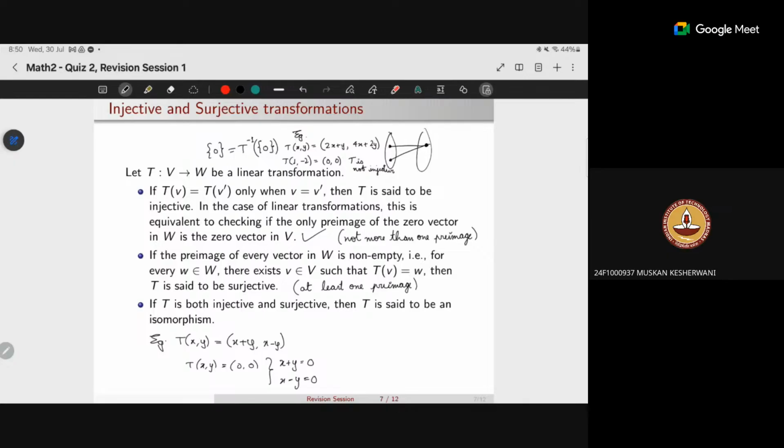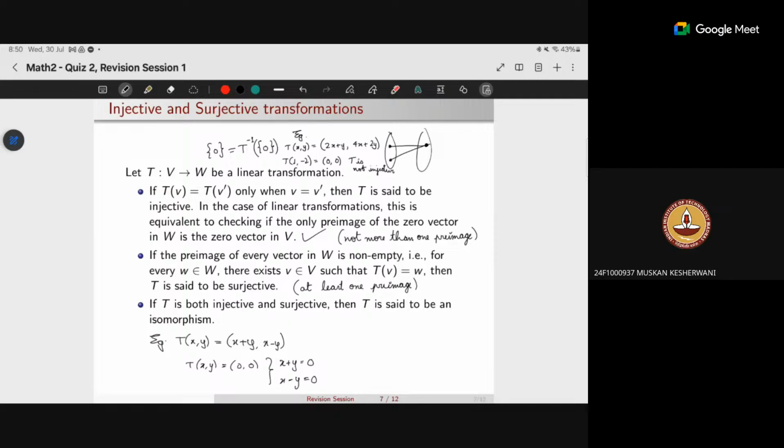Yes, for injective, it should be at least one non-trivial element in the pre-image of the zero vector. At most one pre-image for injective. Yeah. If you want it to be injective, then it should be at most one. So in this case, zero will always have a pre-image, right? So if we are talking only about the pre-images of zero, it has to be exactly one.